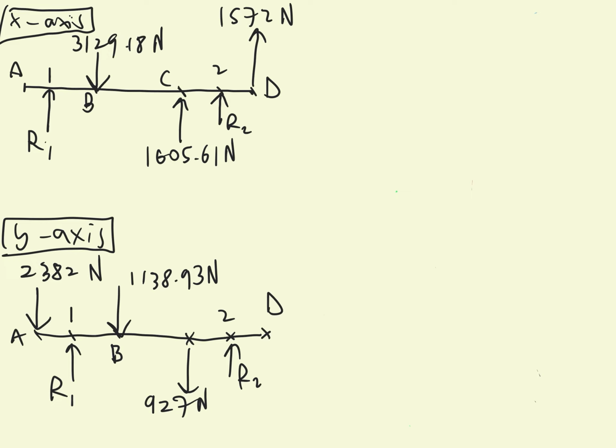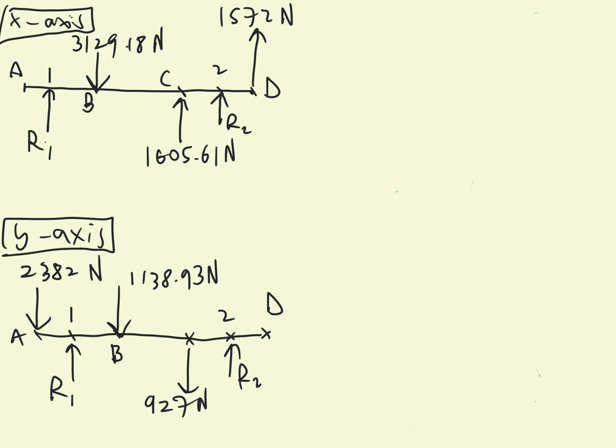So now after you manage to find all the loading from pulley A, pulley B, pulley C, pulley D for x-axis, and the loading from pulley A, pulley B, pulley C, pulley D for y-axis, you need to find the reaction forces.